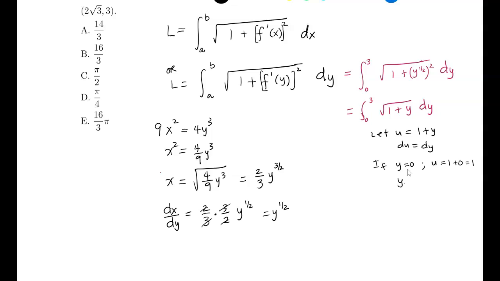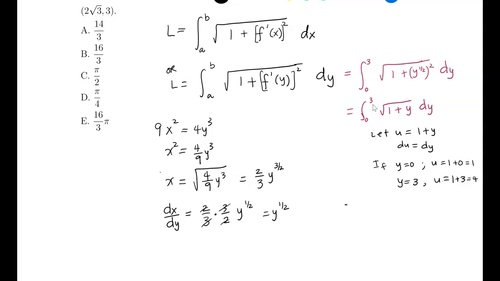Now if y is equal to 3, compute the new u. The u value will be equal to 1 plus y, and y is equal to 3, so plus 3. So that's equal to 4.